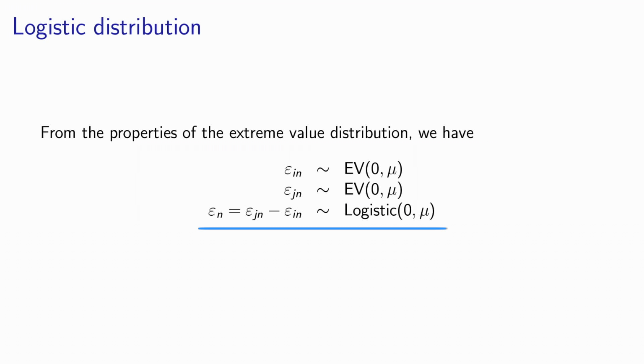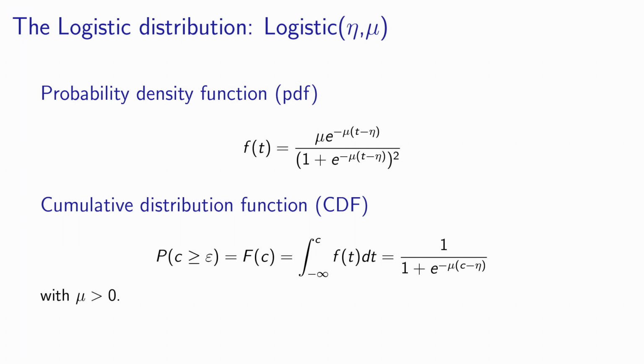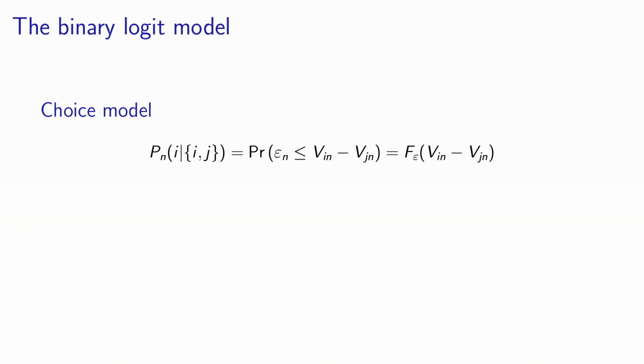And the location parameter is 0 and the scale parameter is mu. Again, if we go and check our statistical textbook, we will retrieve the probability density function of the logistic. And again, the very good news for us is that this cumulative distribution function has a closed form, as you can see here. And so finally, it becomes easy to derive the operational binary choice model.